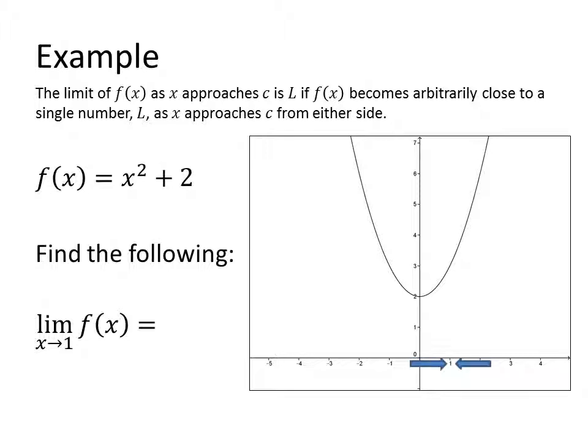As x approaches 1 from either side, it looks like from the left it's going up to around 3, and from the right it's also going to 3. And so therefore, we would say that the limit as x approaches 1 of f of x is equal to 3. That is, as the x values get closer to 1 from either side, the y values get closer to 3.